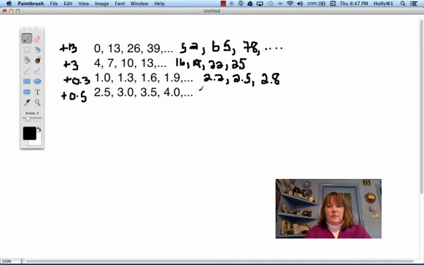So 4 plus 5 tenths is 4 and 5 tenths. 4 and 5 tenths plus 5 tenths is 5. 5 plus 5 tenths ends up being 5 and 5 tenths, and that goes on and on. And that's how you figure out how to go from each term in an arithmetic sequence and how to find the next terms.